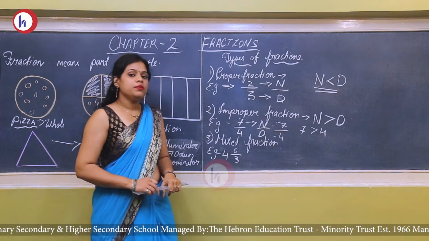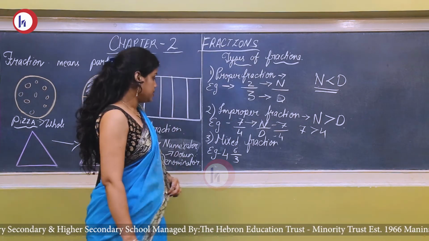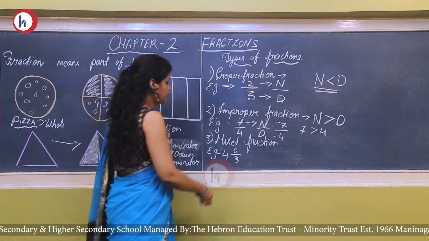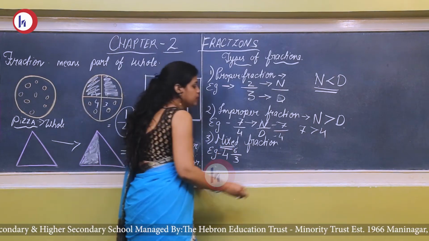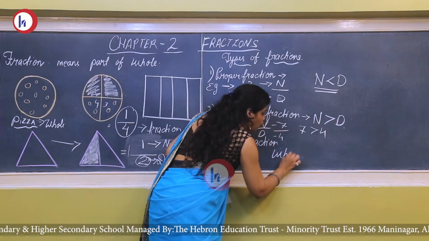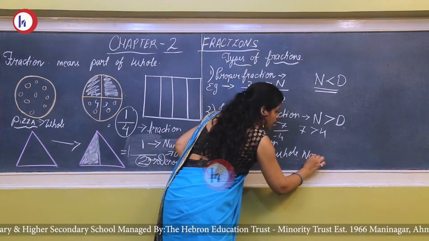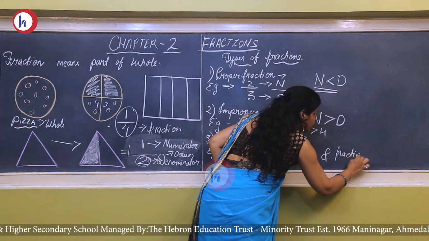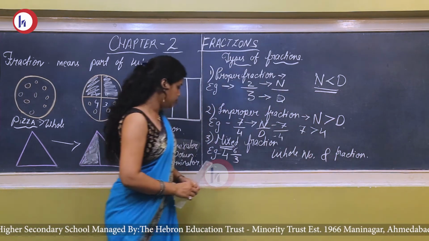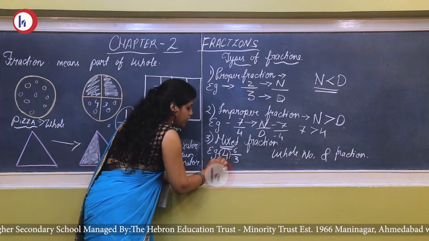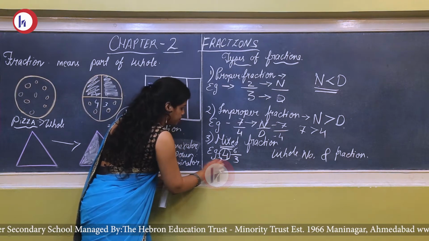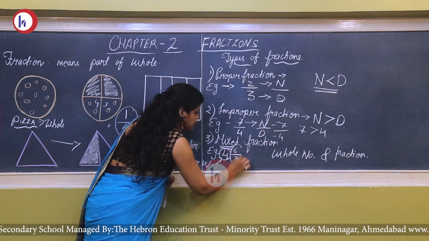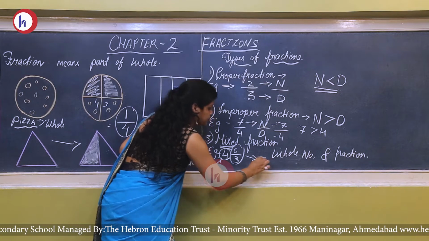Now coming to the third type of fraction, that is mixed fraction. Here the word mixed means it has both a whole number and a fraction in it, a combination of both. So here you can see I have taken an example. Now 4 is a whole number and 6 upon 3 is a fraction.